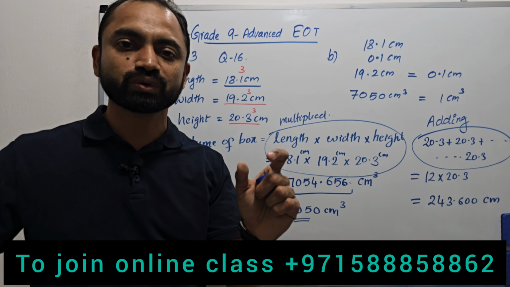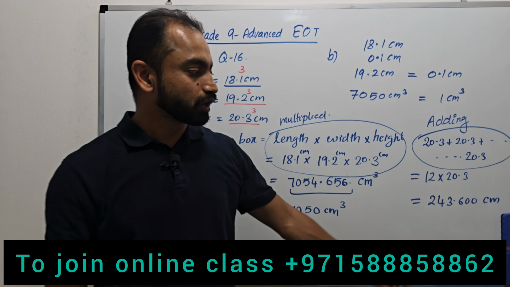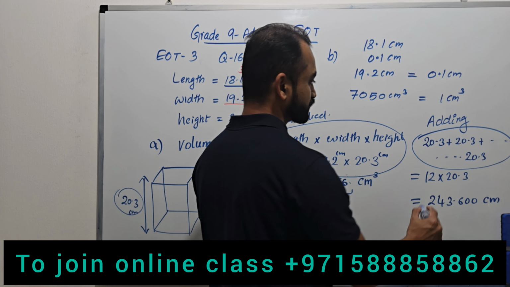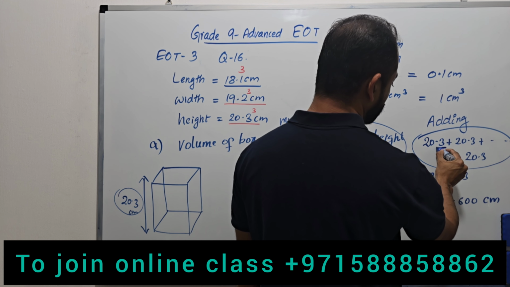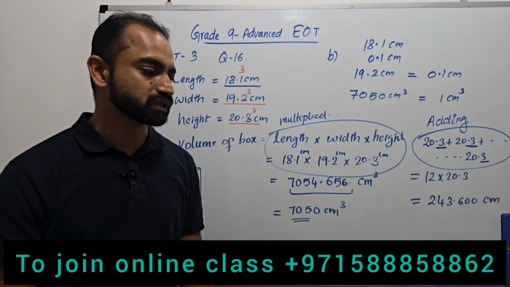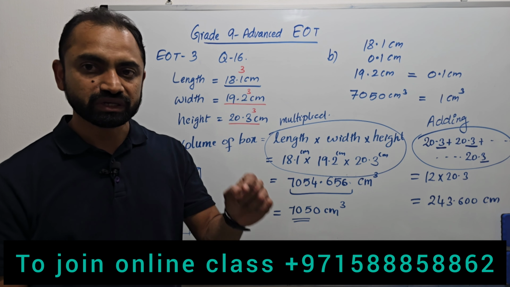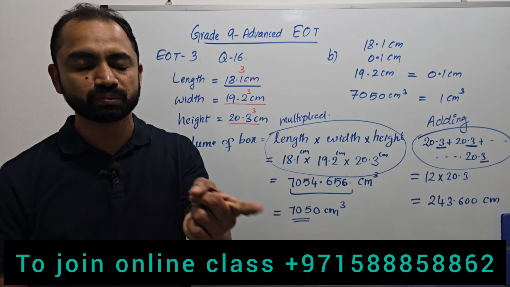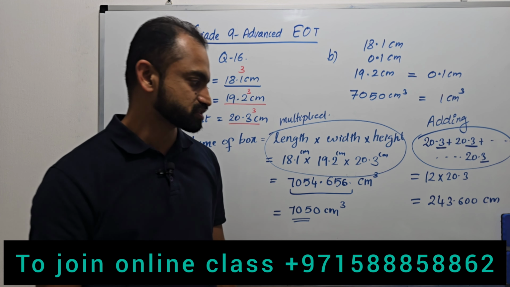So here in 20.3, we are adding 20.3, 20.3, 20.3, like that. How many decimal places are here? Decimal places means the number of digits after the decimal. Only one digit. So in our answer also, there should be only one digit after the decimal.